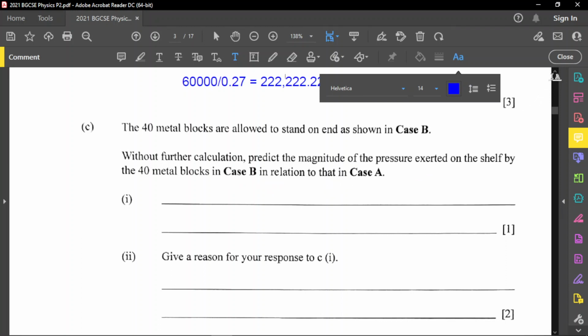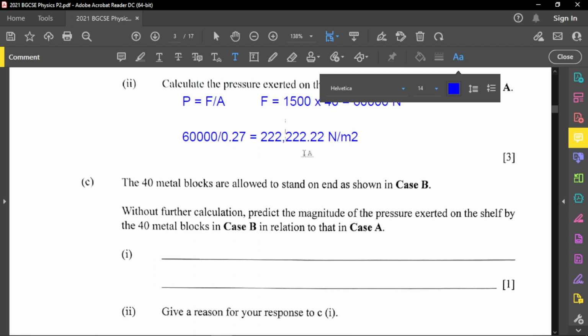So based on what we know here for case A, we have 222,222.22 Newton per meter squared. This is also a Pascal as well. So let's put our Pascal right here. So you can just put your unit as Pascal because 1 Newton per meter squared is also a Pascal, right?